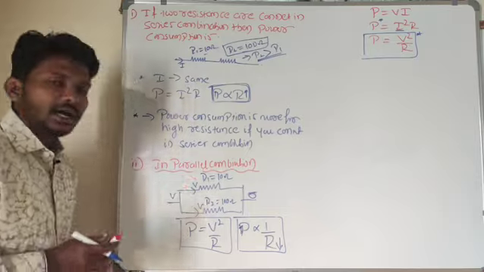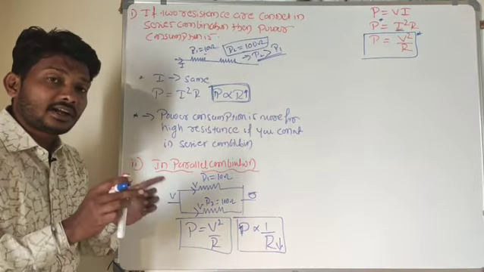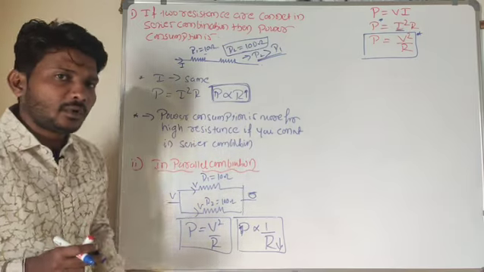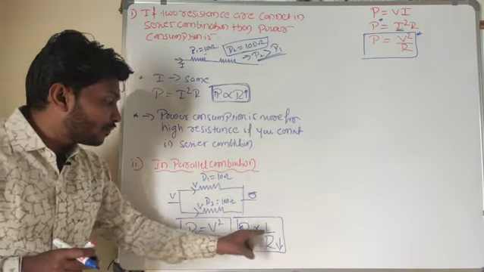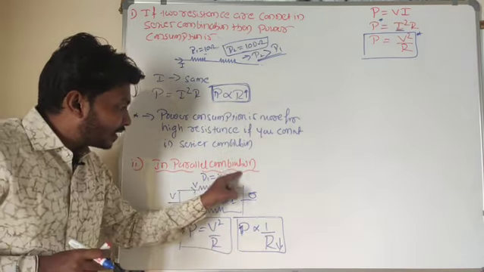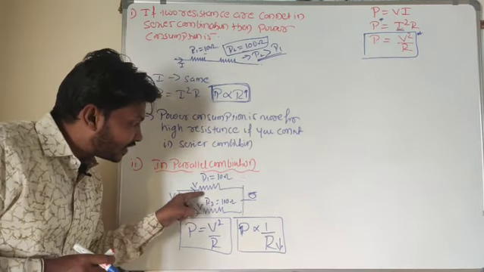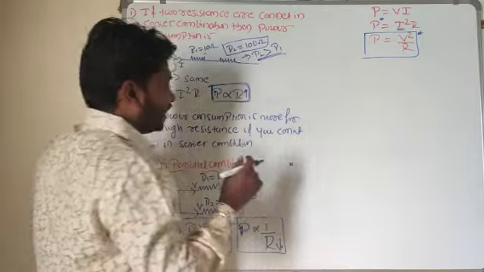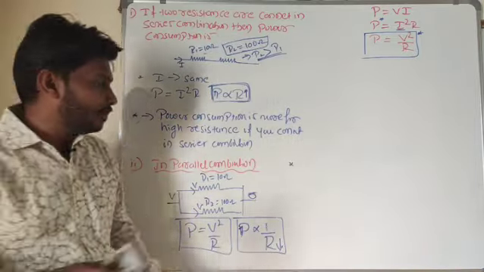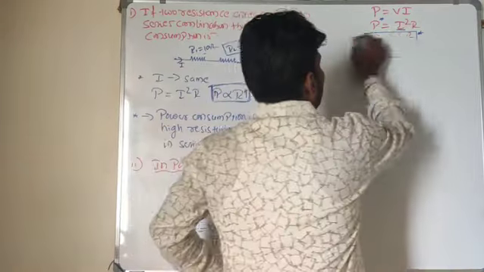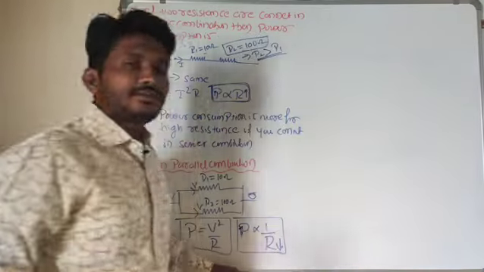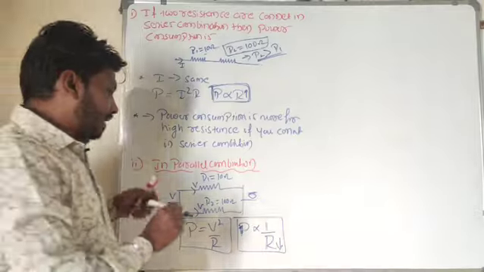10 ohm is there, 100 ohm is there. These two resistances are connected in parallel combination; where is the power consumption more? Power consumption is more for less resistance. So power consumption is more in case of the 10 ohm resistance. So what is the conclusion? In case of combinations of resistance, we are going to understand power consumption in series and in parallel combination.